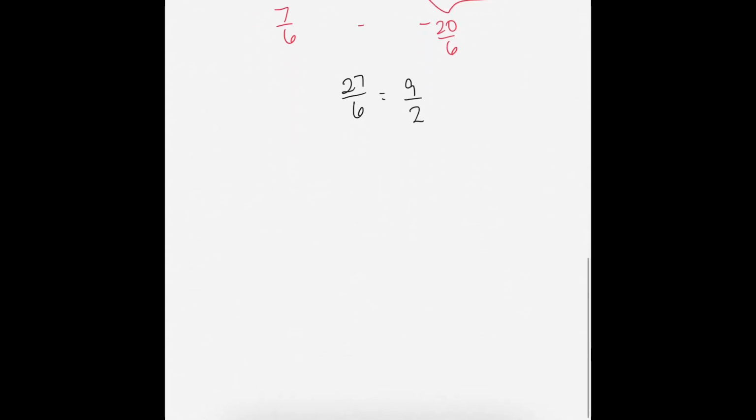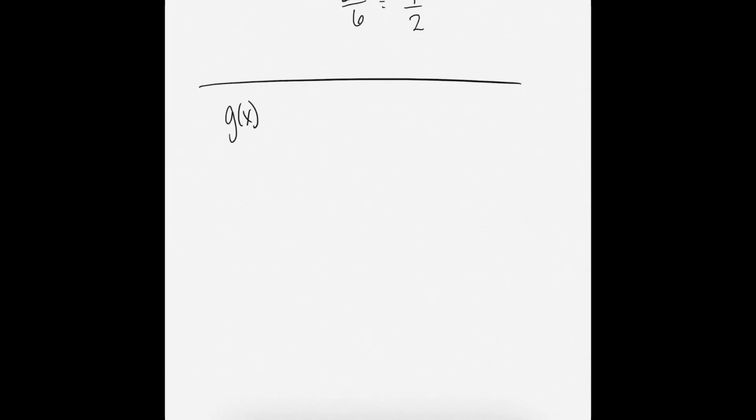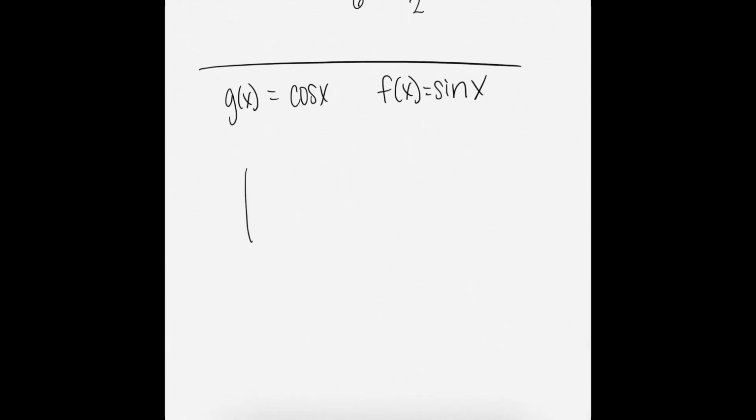All right, let's try another one. Let g of x be cosine of x, and let's let f of x be sine of x. All right, so we want to find the area.